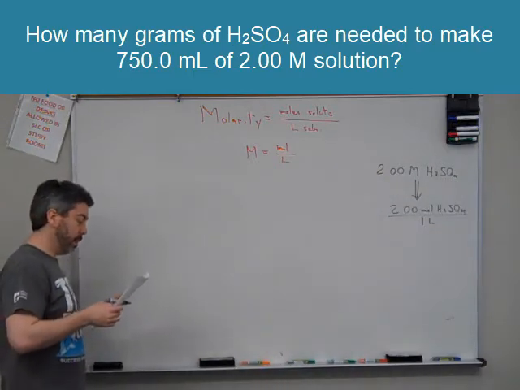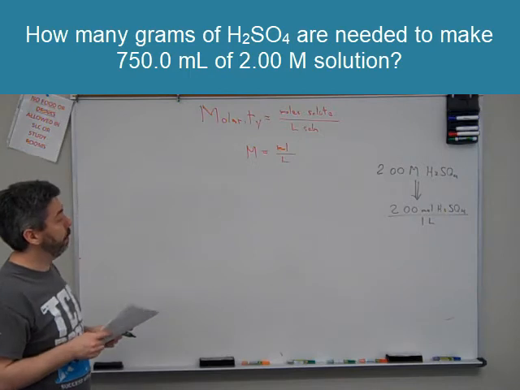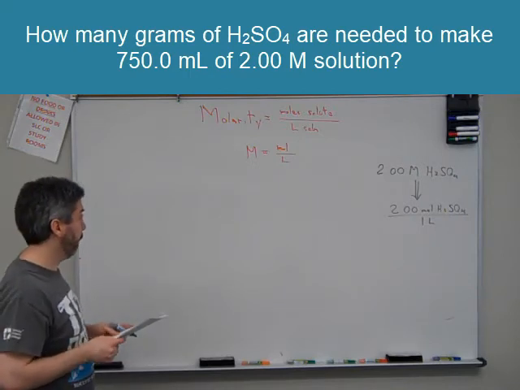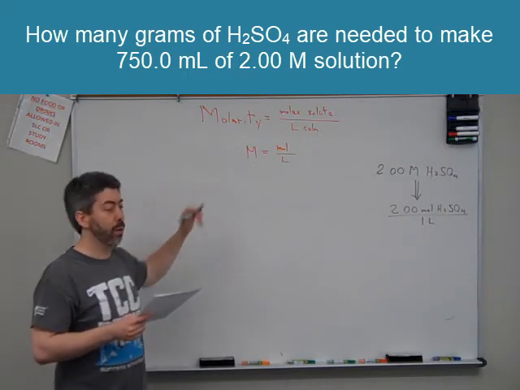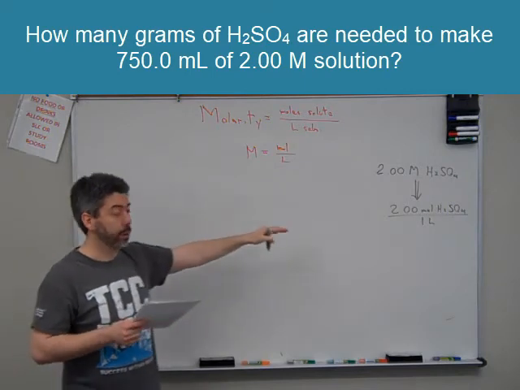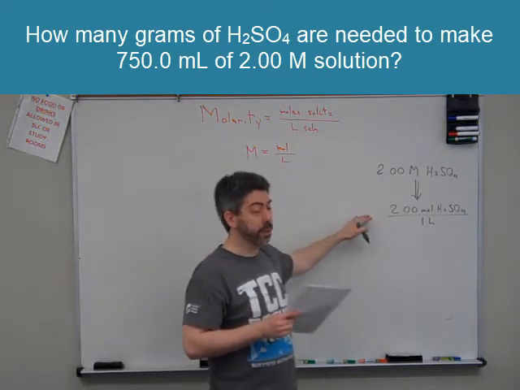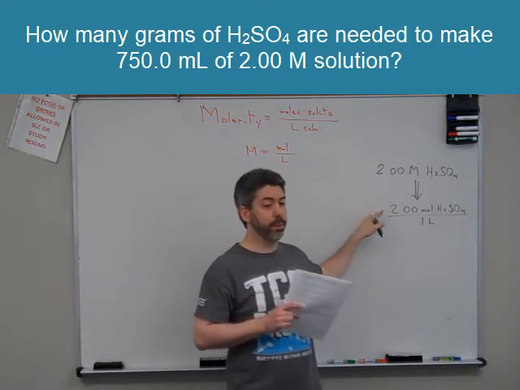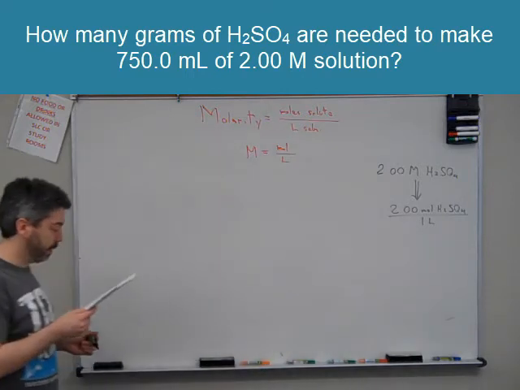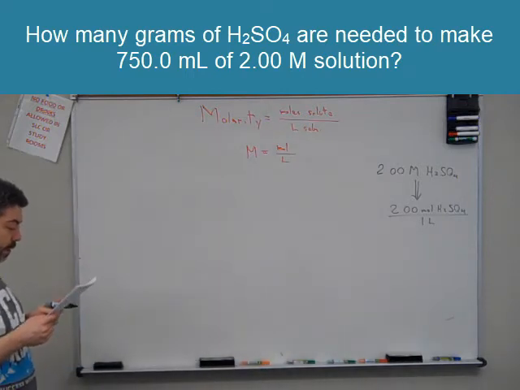Now in this case, once again I could do it one of two ways. I could go ahead and use the equation, or I could use that as a conversion factor. But there's a distinct advantage to using this as a conversion factor, because I'm not given liters here.